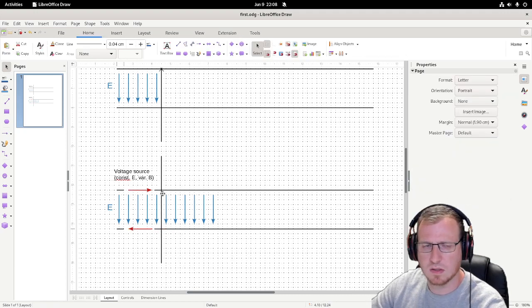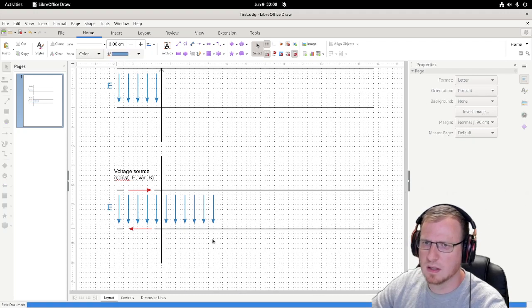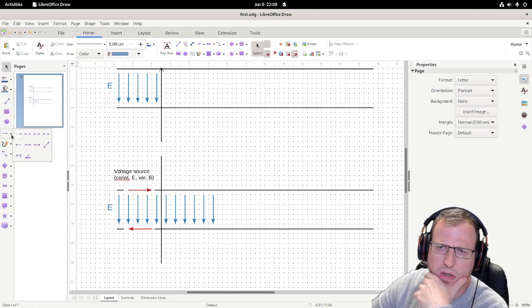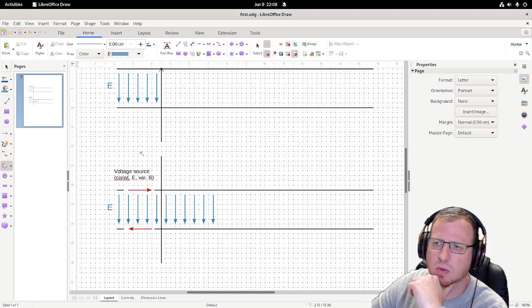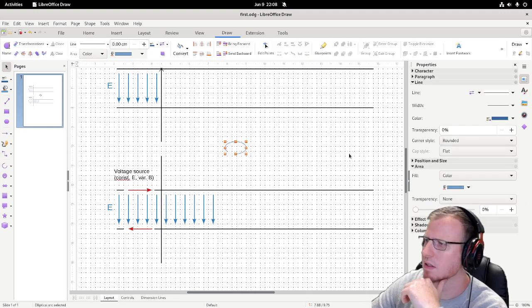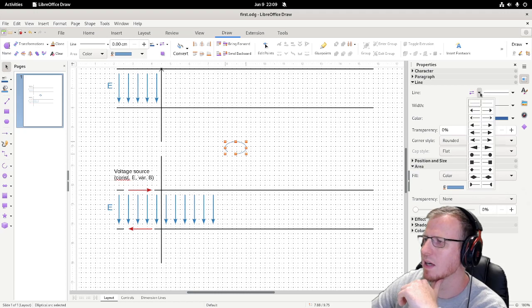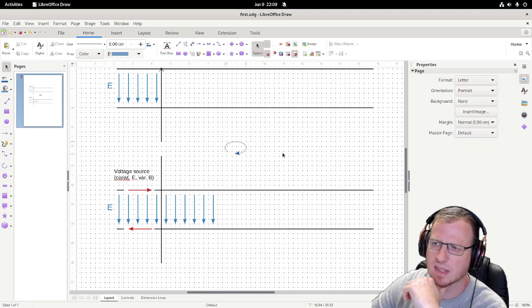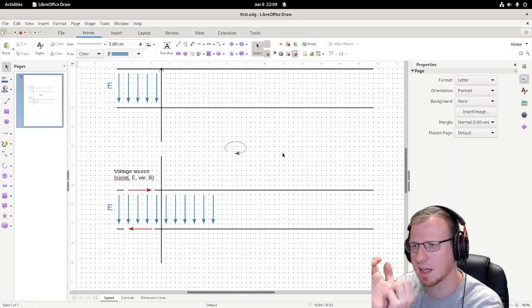So current goes out and in. Now I hope I can make a round arrow. That looks quite fine. Yes, nice. Yeah, perfect. That's exactly what I want.